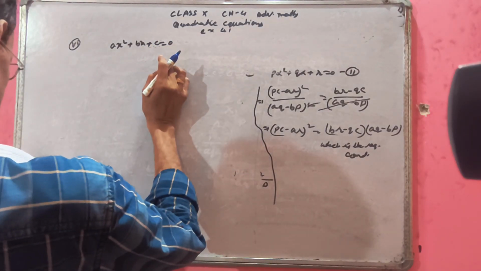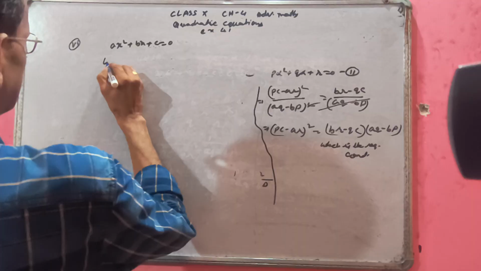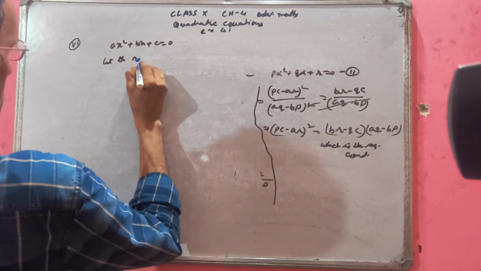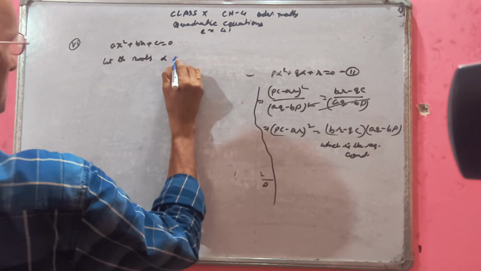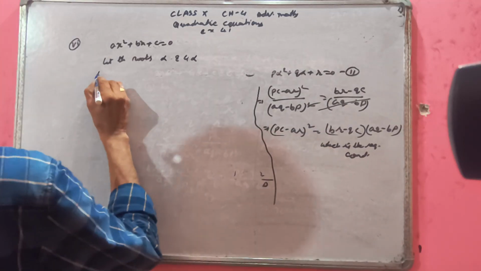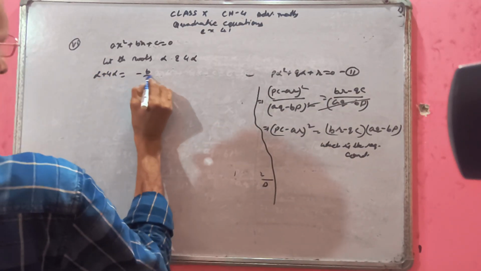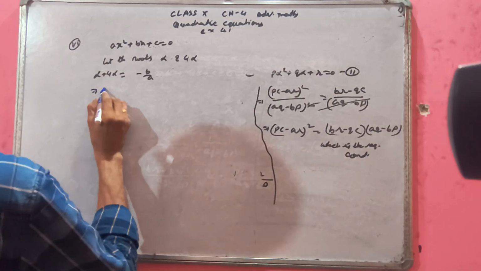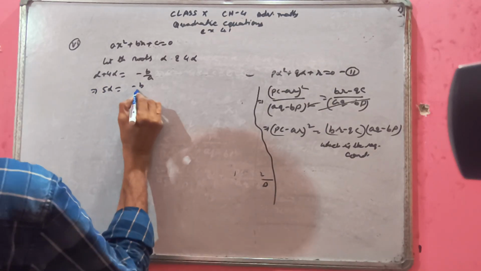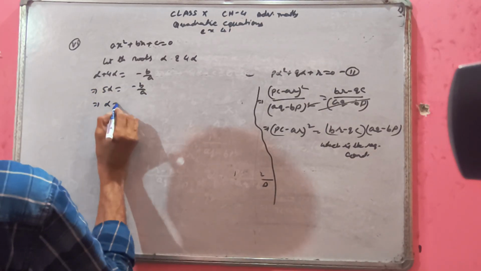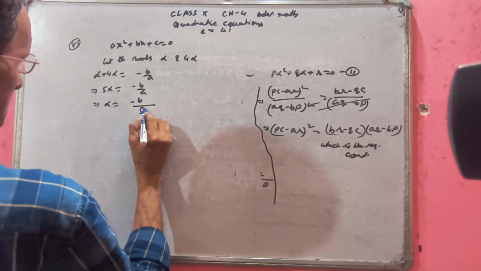One root is 4 times the other. So let the roots be alpha and 4 alpha. So alpha plus 4 alpha equal to minus b by a. That will give you 5 alpha equal to minus b by a. You will get alpha equal to minus b by 5a.